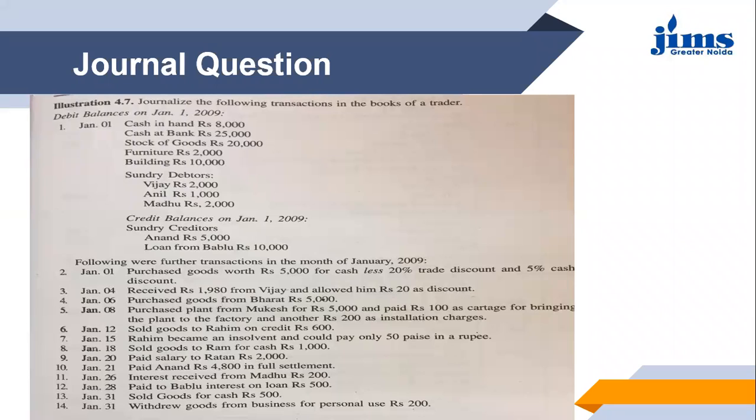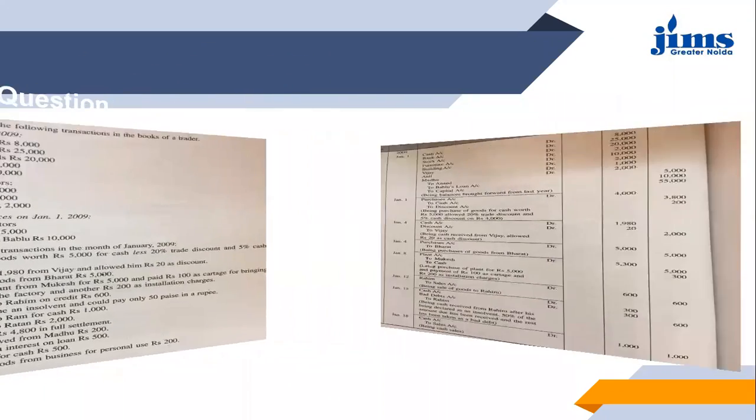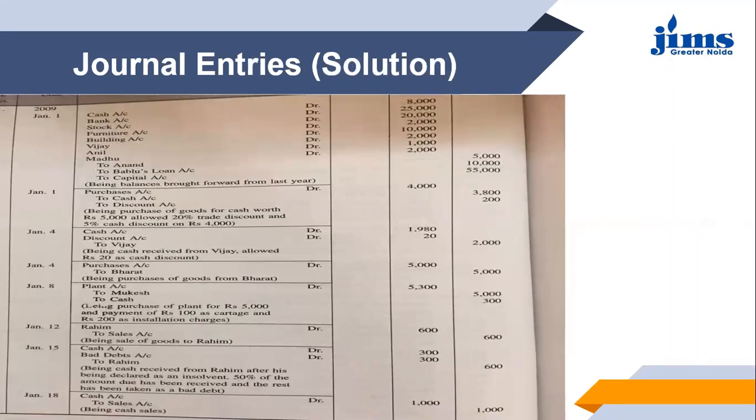So in this case, the entry will be as we can see here. Plant account, put the date 8 January. Plant account is debited with the total amount of cost plus the other expenses that have been put in for making this plant functional. That is 300 rupees extra. So it will be 5,300, to Mukesh.